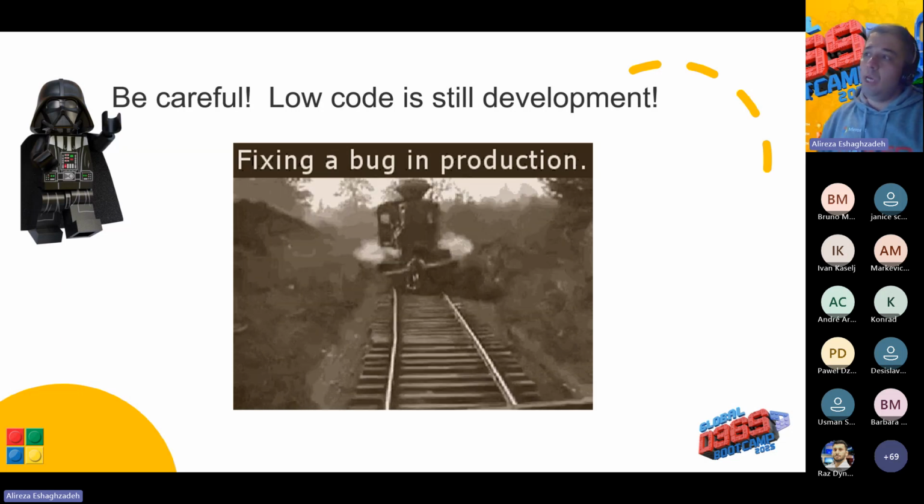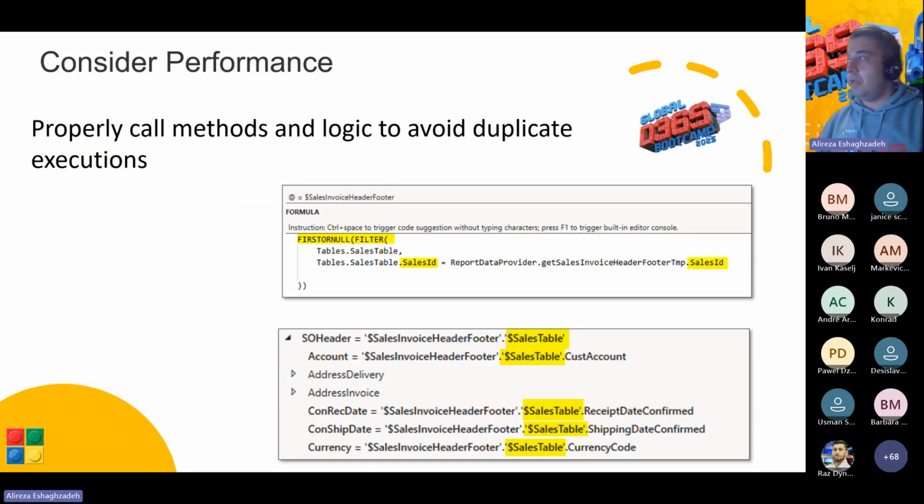So we have talked about the development. I just have one slide for the developers here, that there is a possibility to troubleshoot performance issues. When you create electronic reporting, you can create a performance issue, and also you can remove that performance issue.